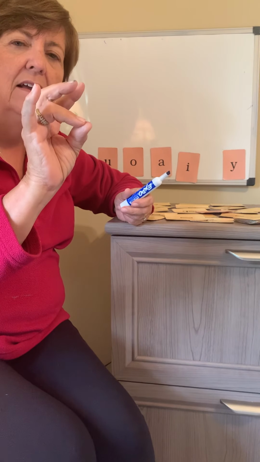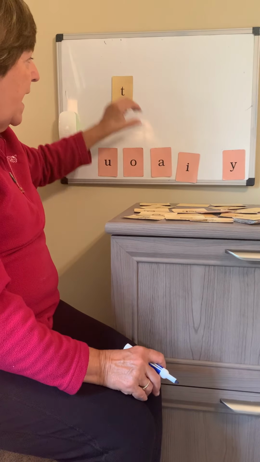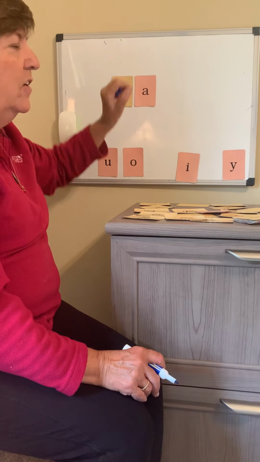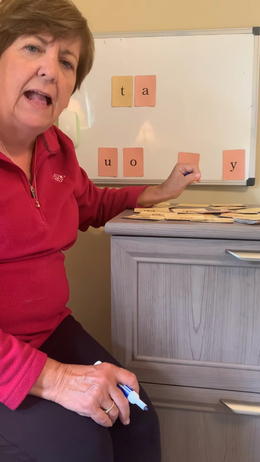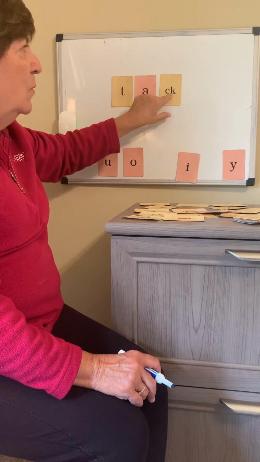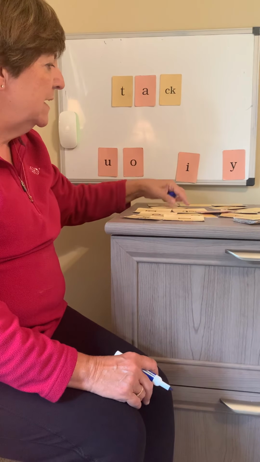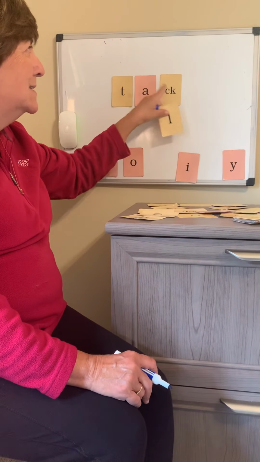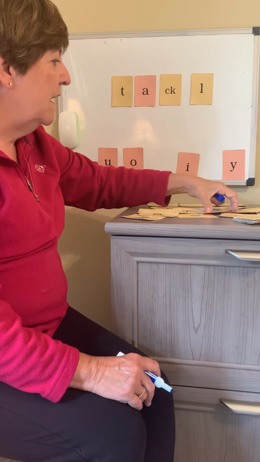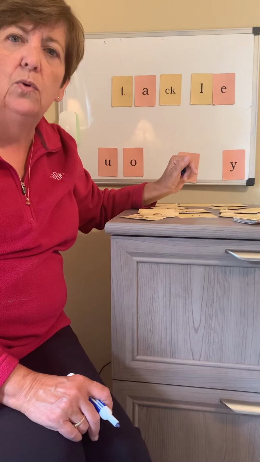T-a. Now here's the thing. Tack is actually spelled with a CK. I don't want to divide up that digraph. So my LE syllable is not going to be the consonant's going to stay here, and I'm just going to put the LE on. It's kind of a thing. It kind of breaks the rule.